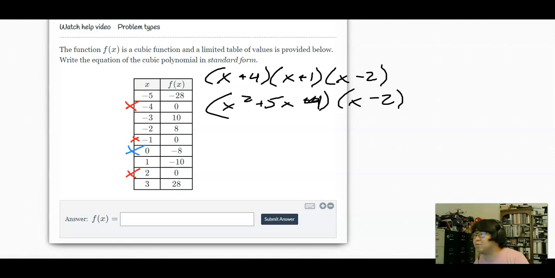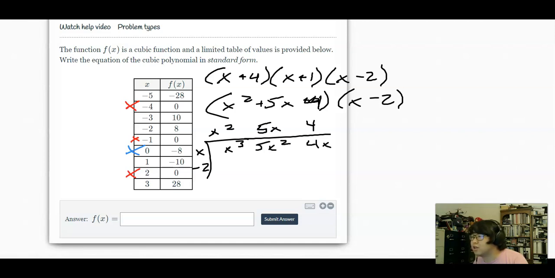Now let's do a bit of a table here. So I got x squared, 5x, and 4 on the top. On the bottom, we got x and minus 2. It can be the other way around too. Doesn't really matter. My terms are x cubed, 5x squared, 4x, and negative 2x squared, negative 10x, negative 8.